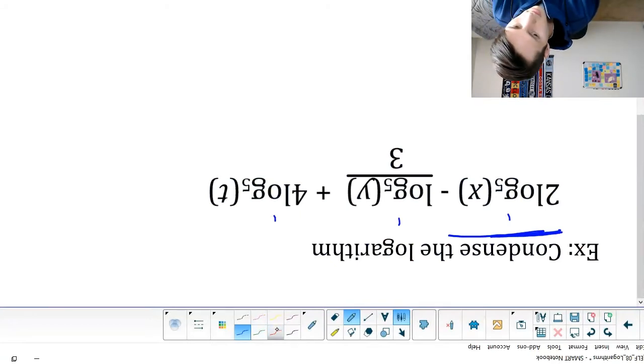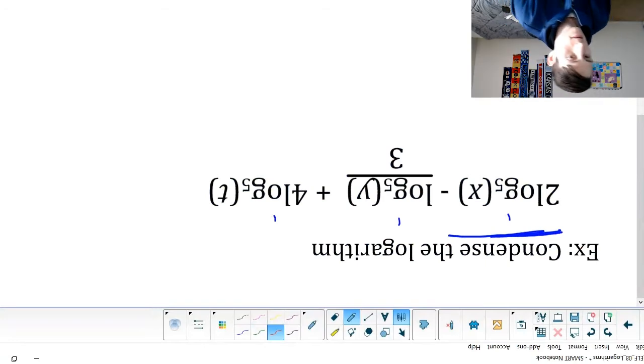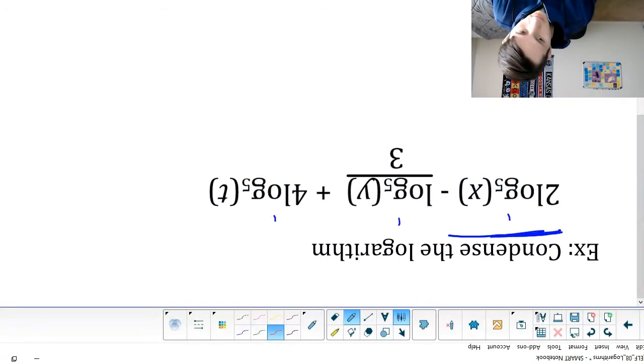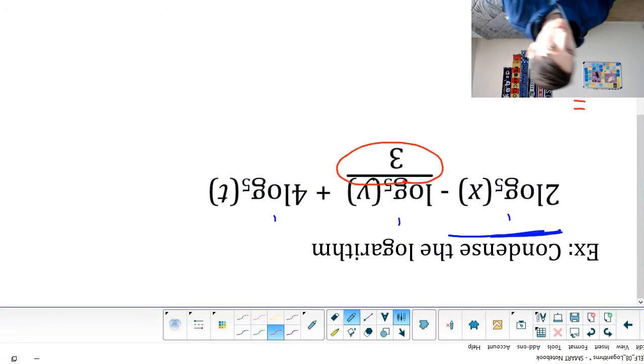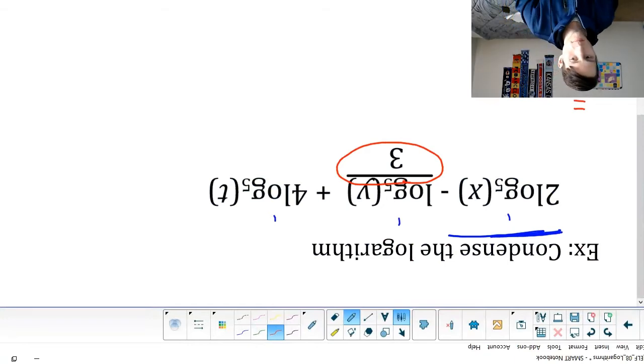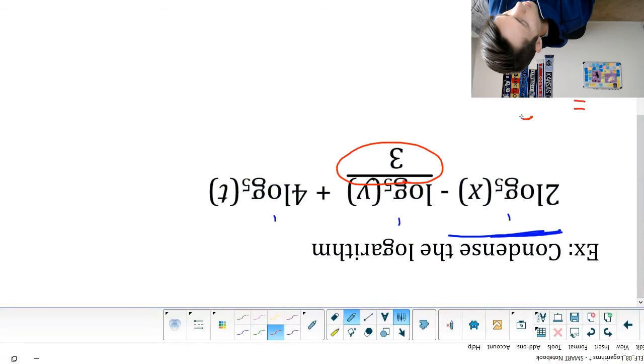And so the first thing I'm going to do is, a lot of times people see this divided by 3 and kind of freak out. They're not sure what's going on with it. So I'm going to first just rewrite this.